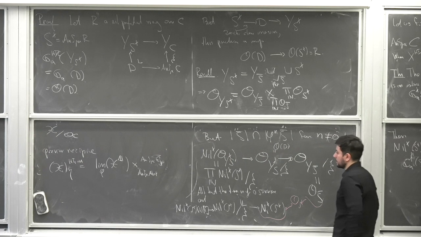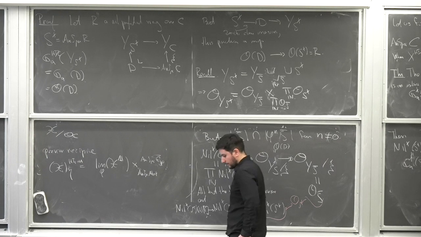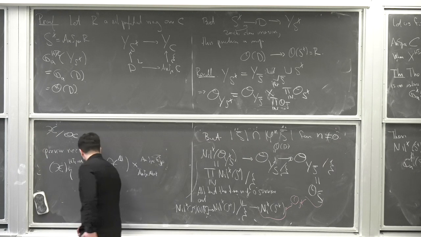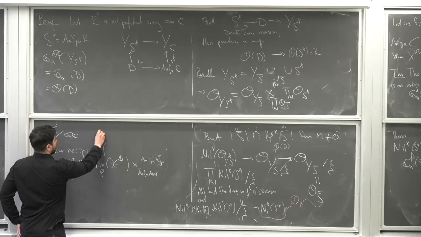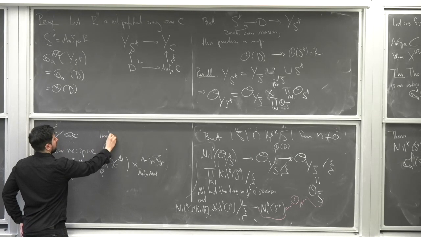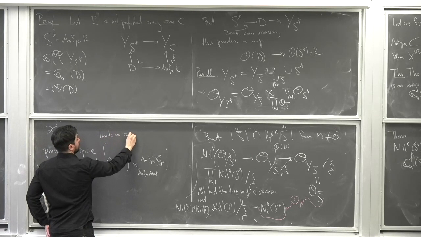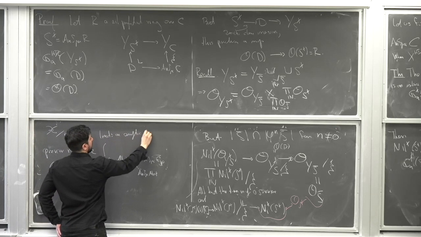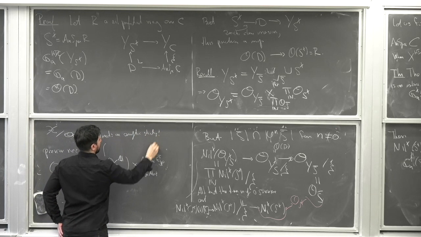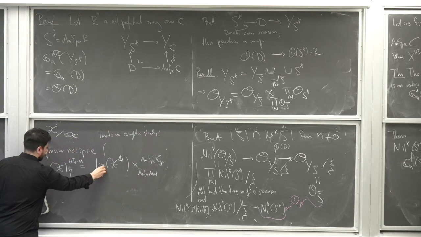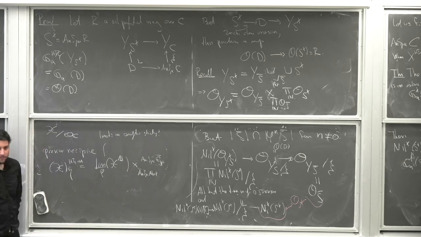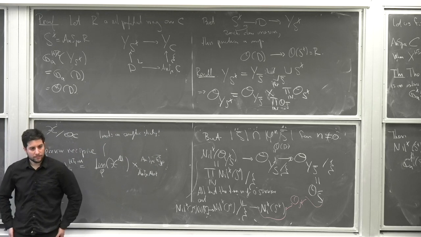You first take the specialization of the formal scheme. Then this specialization carries the property. Then you take the projective limit with respect to Frobenius.